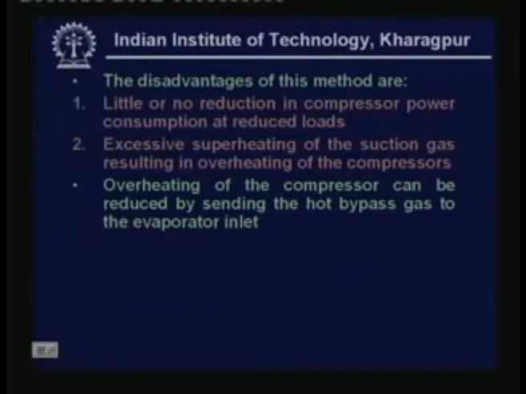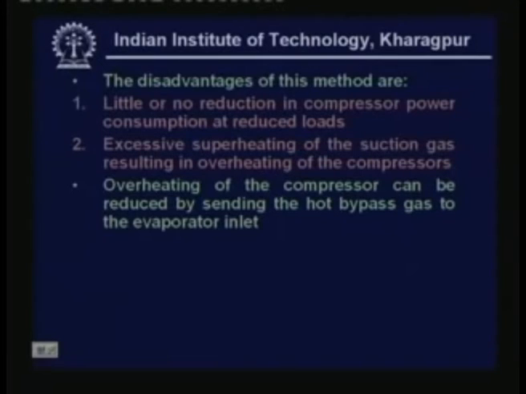Of course, overheating of the compressor can be reduced by sending the hot gas bypass to the evaporator inlet. So you can reduce this superheating, as I have already explained, by sending the hot gas not to the inlet of the compressor, but to the inlet of the evaporator. By this method you can reduce the superheat.